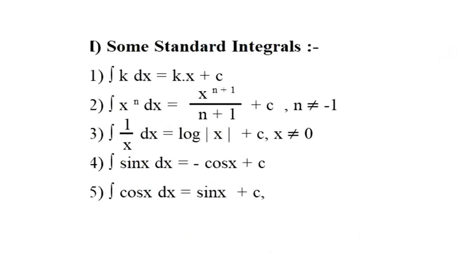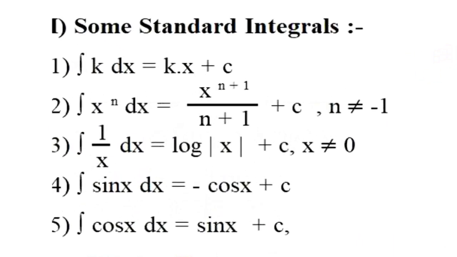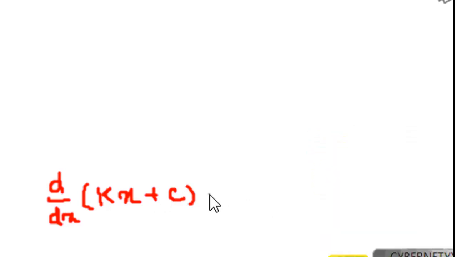Now let us see the formulas. As seen in the definition, differentiation and integration are inverse processes of each other. The derivative of kx plus c is k, because k is a constant, the derivative of x is 1 and the derivative of c is 0.